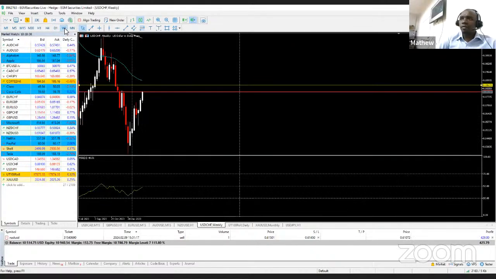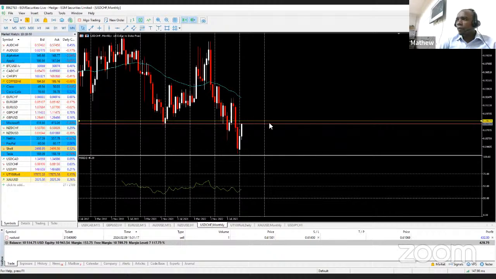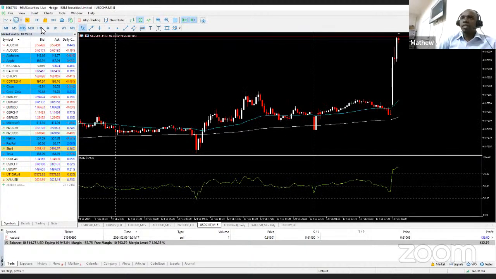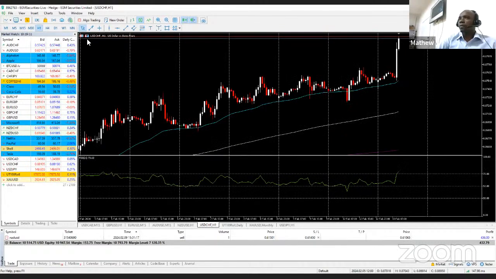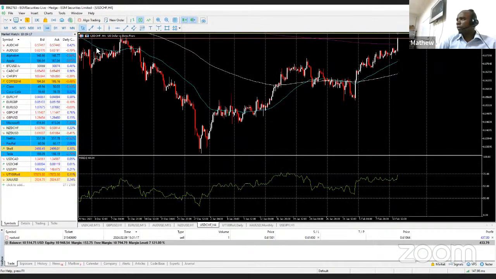If we look at other time frames, yeah, that's a possible area. But right now, intraday, maybe I would want to map this area over here. So intraday, this is probably what we'll be expecting. Maybe we should expect a hit to this high.